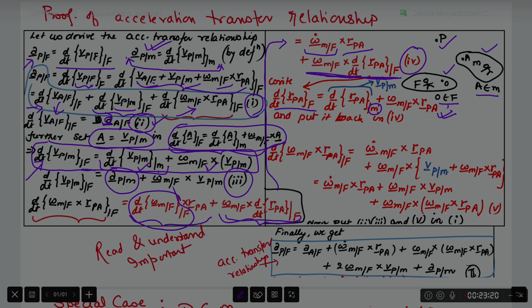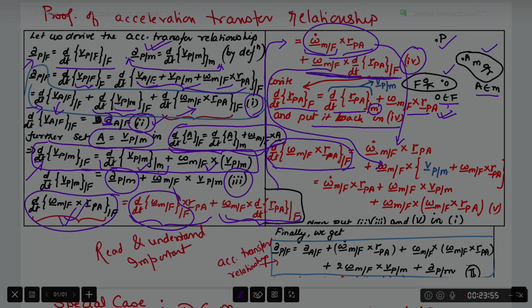After having split this term into two terms, I am going to put it back in 4, and then this equation, what you see here, is written in its full form, d/dt of omega MF cross RPA with respect to F. This is the term that is same as before on the left hand side, but on the right hand side I get first this term, which I have already processed, and then I bring in this term omega MF crossed with d/dt of RPA with respect to F, which I am going to get from this equation.